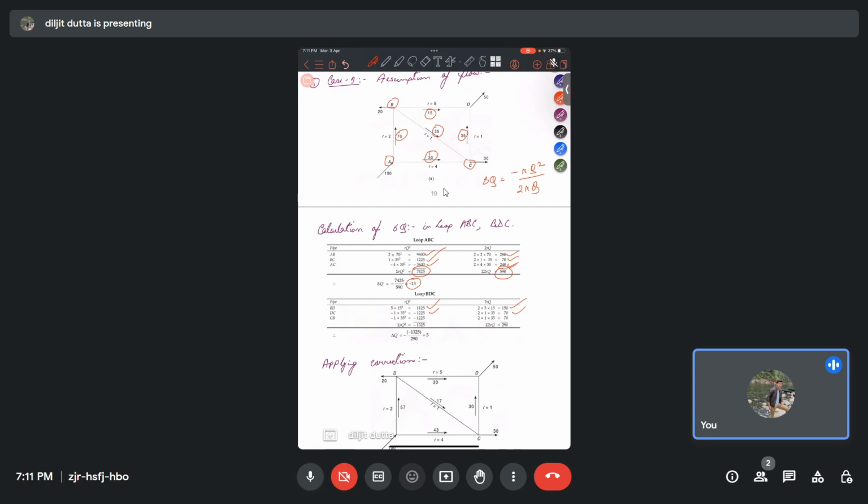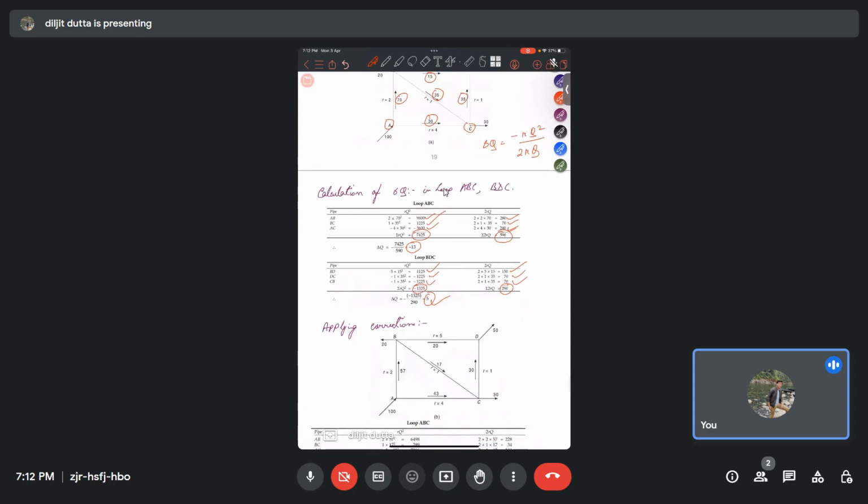And for CB again it is anti-clockwise flow, so negative: minus 1 into 35 square and 2 into 1 into 35. Taking the ratio of the total sums, we get 5. So delta Q for loop ABC is negative and delta Q for loop BDC is positive.